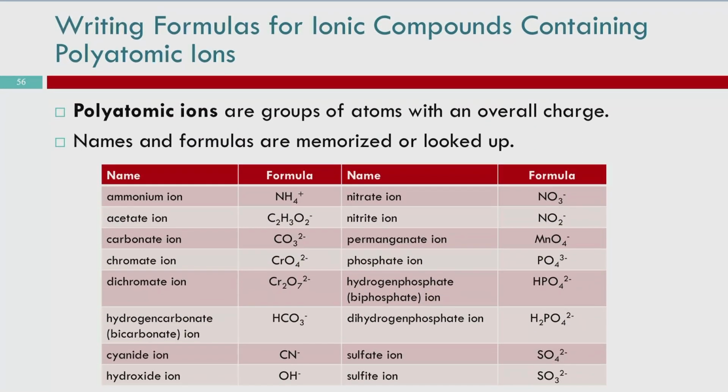All right. We can also do stuff with polyatomic ions. Remember, our polyatomic ions are a group of ions, or a group of atoms. That's the polyatomic part. Many atoms with an overall charge.